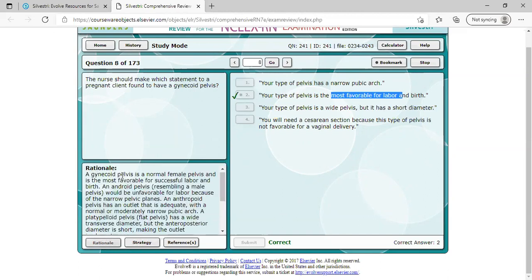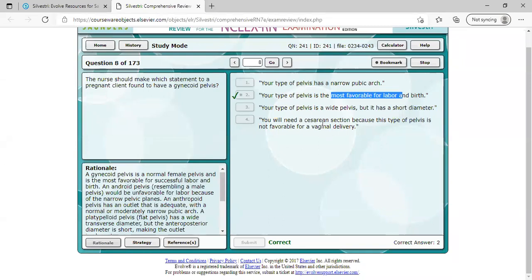A gynecoid pelvis is the normal female pelvis and the most favorable for successful labor and birth. An android type would be unfavorable for labor because of a narrow pelvic plane. And an anthropoid pelvis has an outlet that is adequate with a normal or moderately narrow pelvic arch, right?